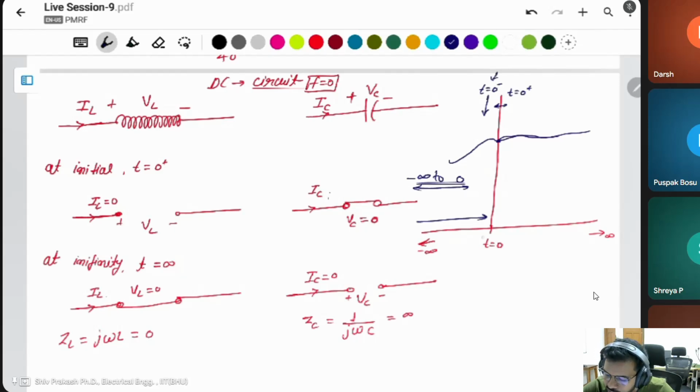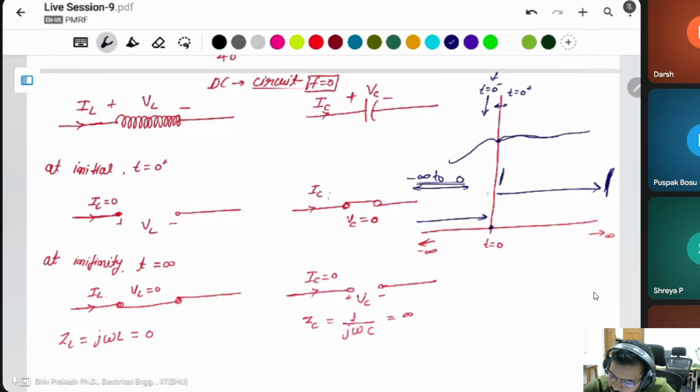After t is equal to 0, the circuit will be changed. Then the next phase is from 0 to infinity. In that case, this is the steady state for this condition. This is the initial point, and this is the final point.